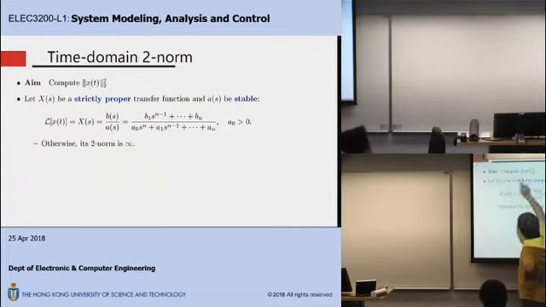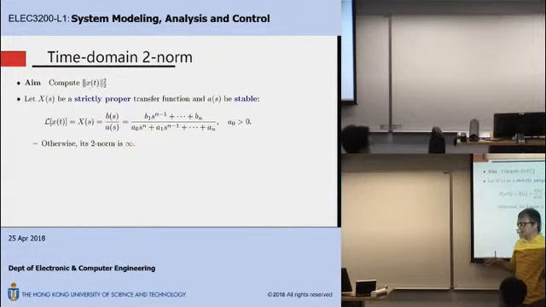A lot of things are hard in the time domain, but after we take the Laplace transform, things become easier. Suppose that this Laplace transform is strictly proper. It's a rational function, so the Laplace transform looks like this.